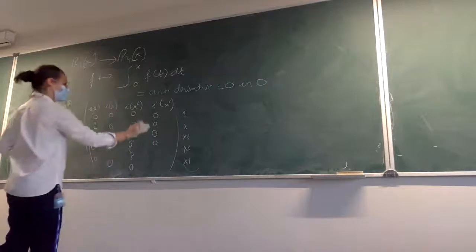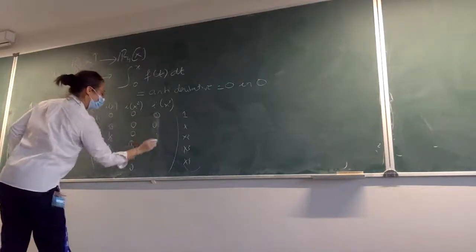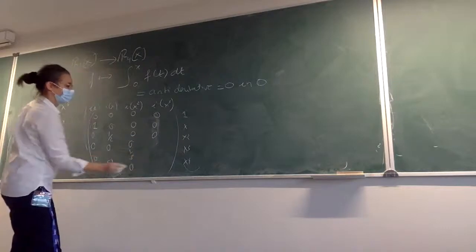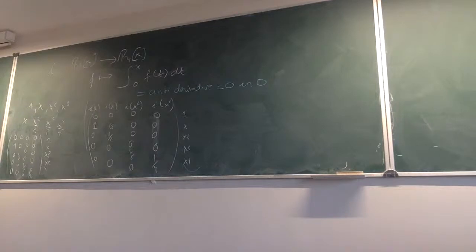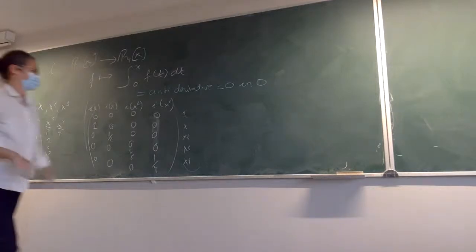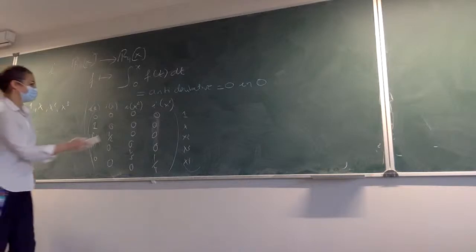And I still have something wrong with this. So 0, 0, 0, 0, and 1 over 4. Yes, the third column has too many. So let me erase that. Okay, so this would be my matrix representation. The third column still has one too much.